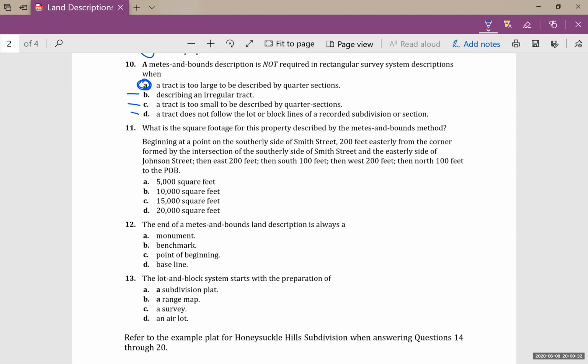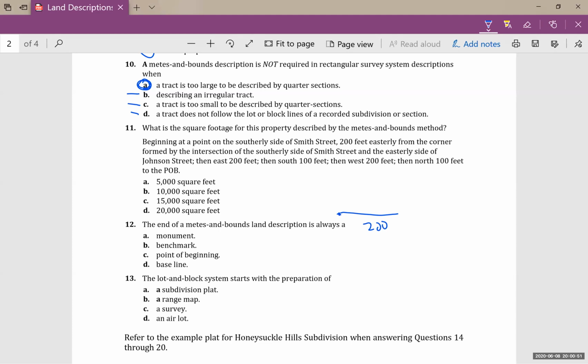So remember, beginning at a point on the southerly side, 200 feet easterly, that's 200. Formed by the intersection of the southern side and easterly of Jensen, then east 200 feet, right?